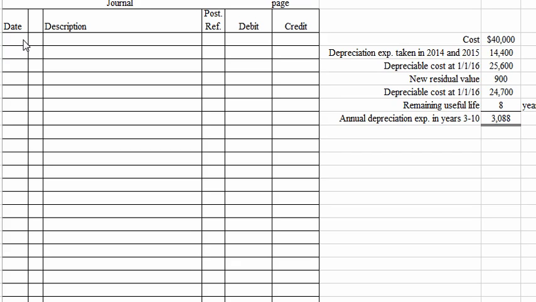Okay, so this is 2016, and this is requirement 1. This is going to be on December 31. We're going to debit our expense account, depreciation expense, for the $3,088.